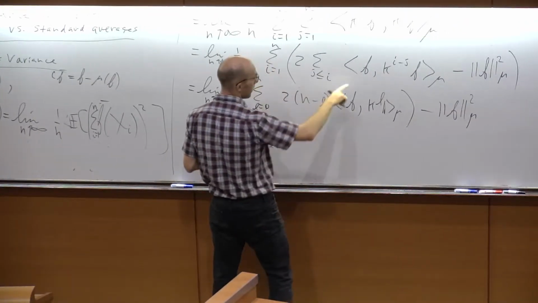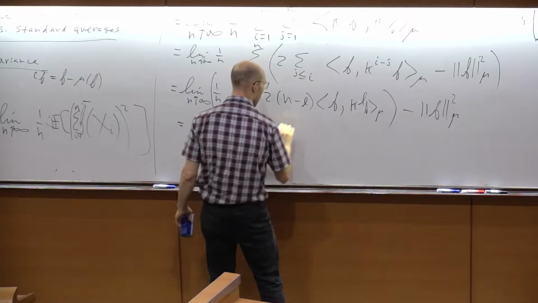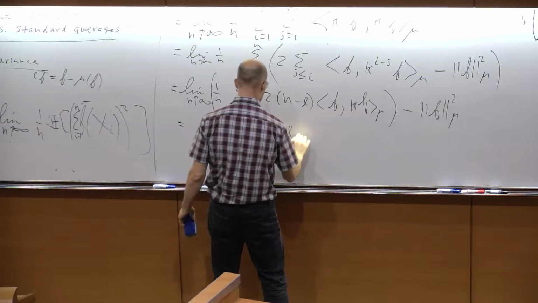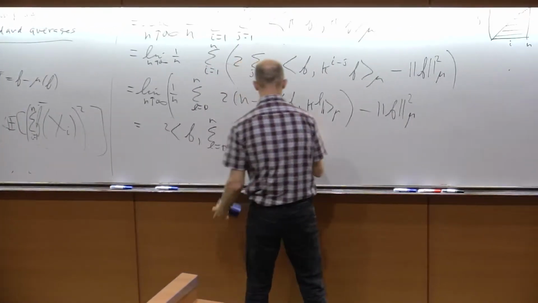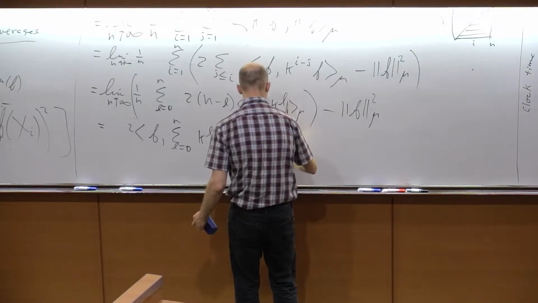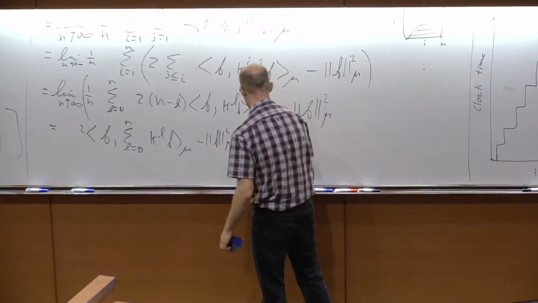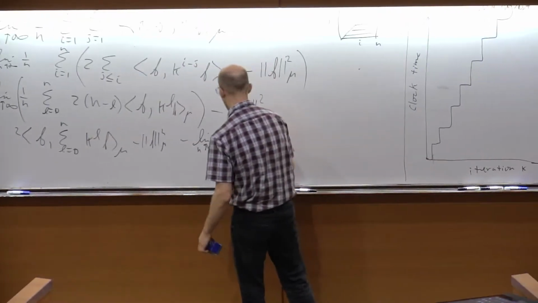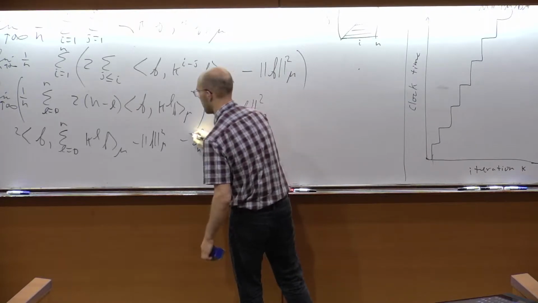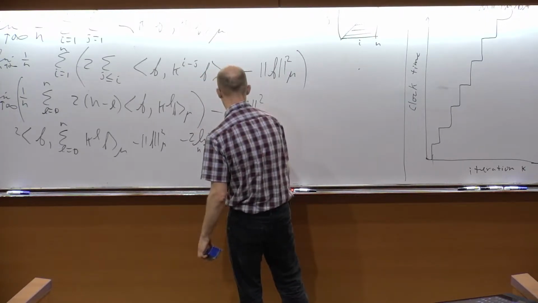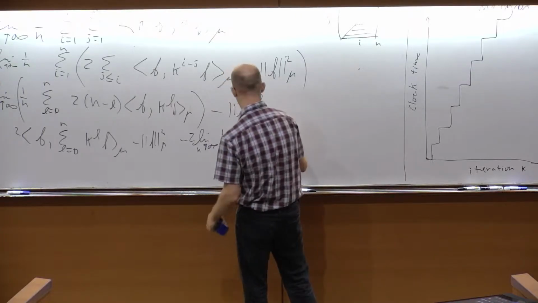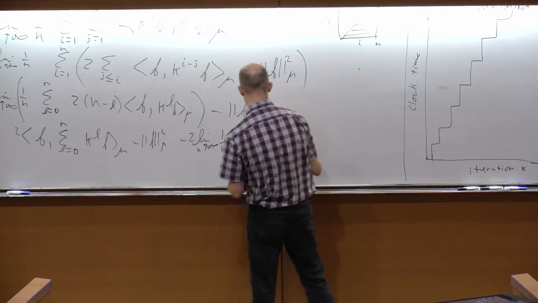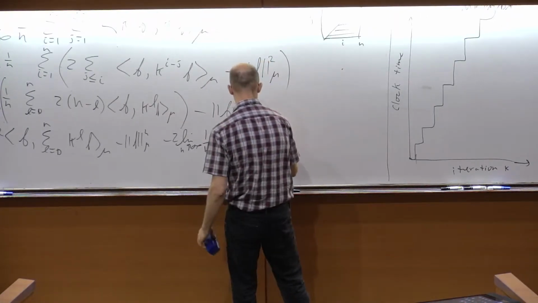Sorry, this is 0. And then K sub l, and we have this minus F. And then we have a minus the limit as n goes to infinity of 1 over n. And so minus 2 and the sum over l equals 0 to n of F.